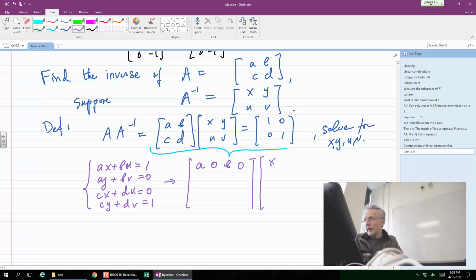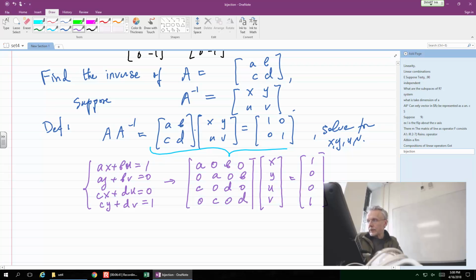I'm multiplying it by x, y, u, v, and it is equal to 1, 0, 0, 1. The order certainly matters, but we could rearrange it if we want to. Then I have 0a, 0b, c, 0d, 0, and 0c, 0d.